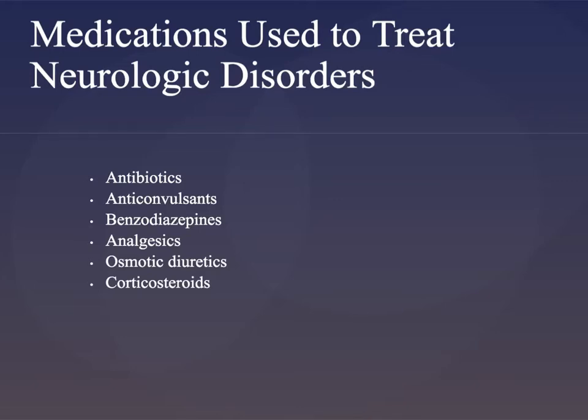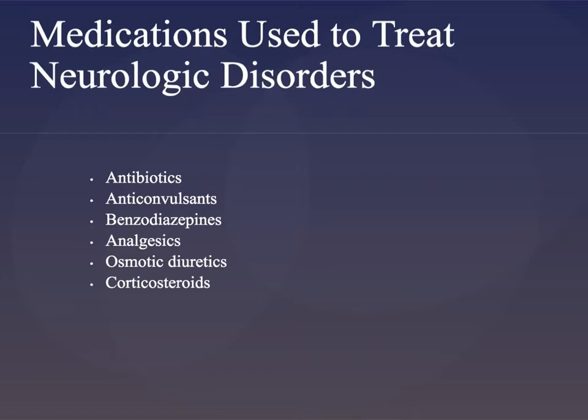Benzos, like diazepam or lorazepam, are like a sedative. They prevent or stop seizures by slowing down the CNS. Analgesics are for pain. They block pain.